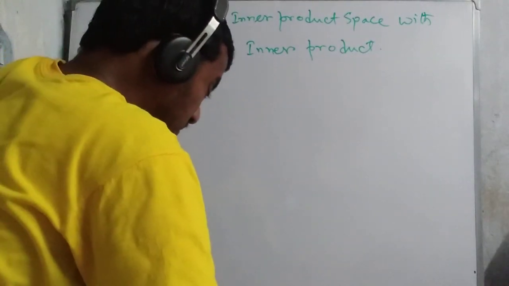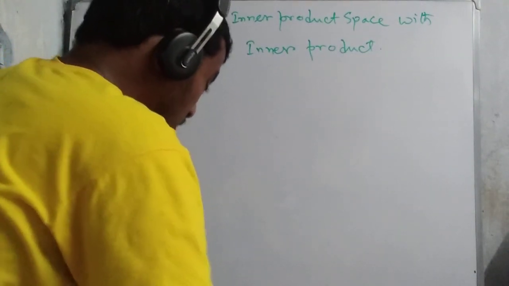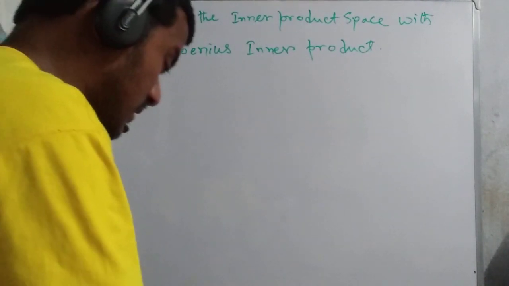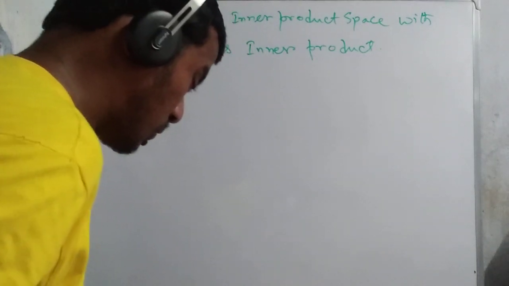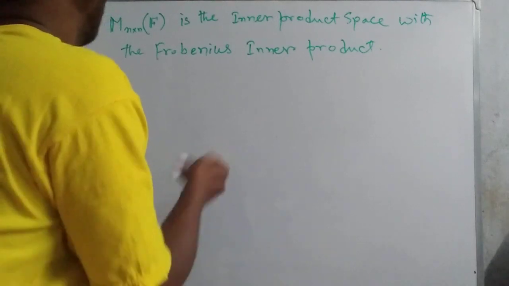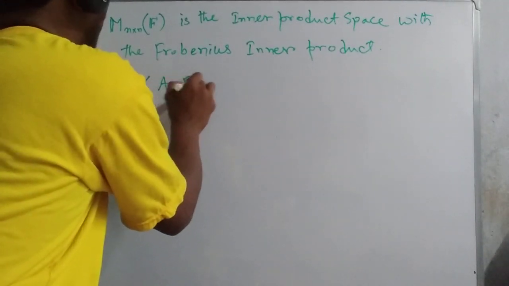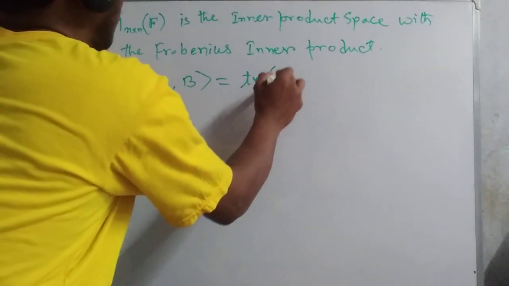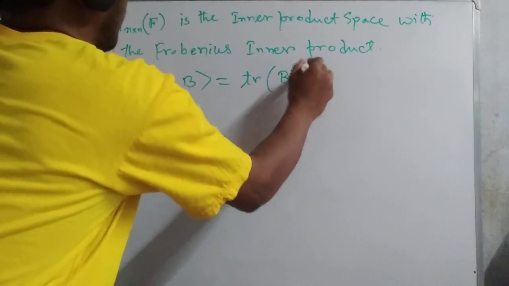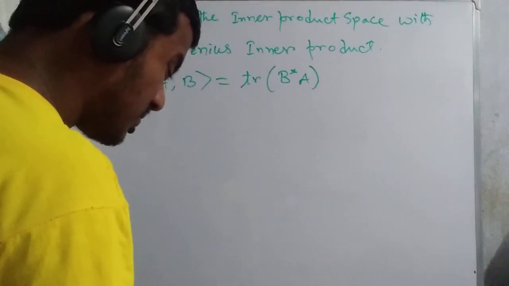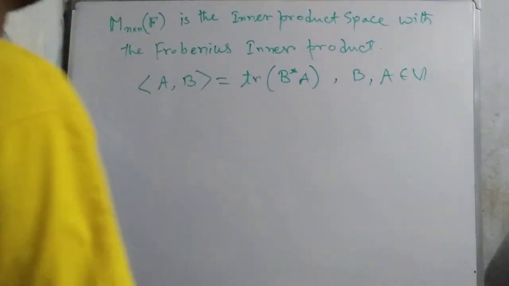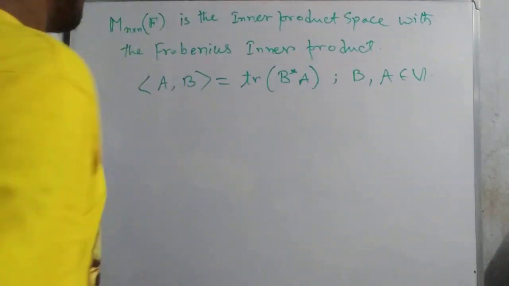Understood? I think we also discussed the Frobenius inner product in the previous class. This one is too simple. In this way we define the inner product of A,B equal to the trace of B adjoint A, where A,B belong to this space.